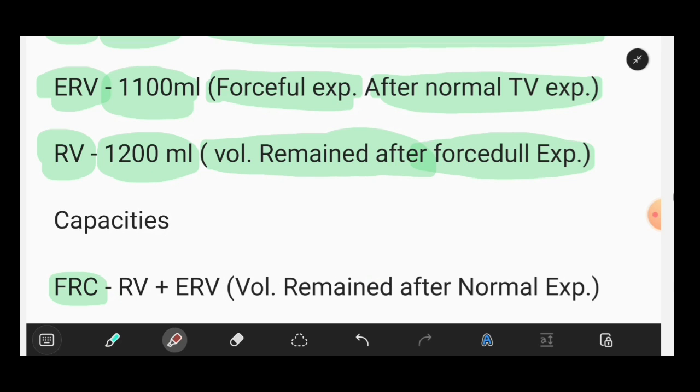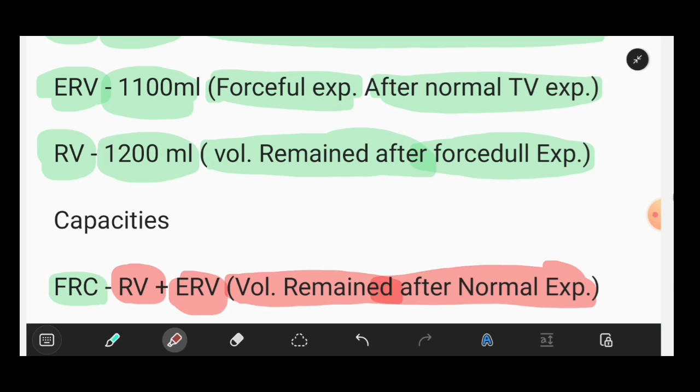But functional residual capacity is the volume remaining in the lungs after normal expiration. Its formula is residual volume plus expiratory reserve volume. It is very important guys. Direct questions are asked in the new PG exams.